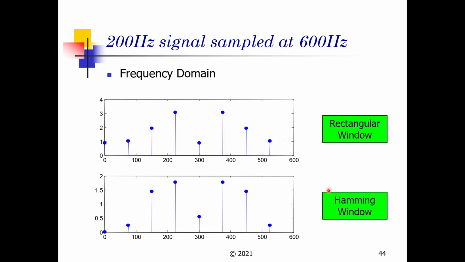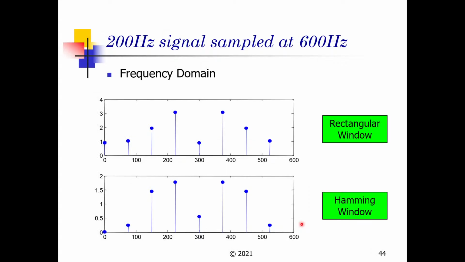But the Hamming window mitigates some of the sides, but coming towards the center, we're going to have increased magnitudes. And at the centralized part, we see in particular that it reduces as a result. We also can observe that for the rectangular window, the magnitudes are 1 to 4, but on the Hamming window, the magnitudes are between 0 and 2. So the magnitudes are basically mitigated as a result, but the general shape of the graph is going to be somewhat similar because of that curved shape of the Hamming window.